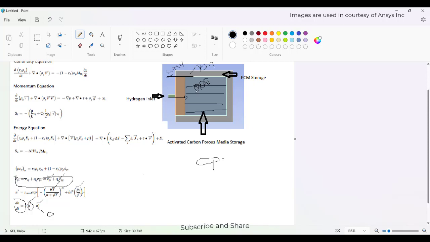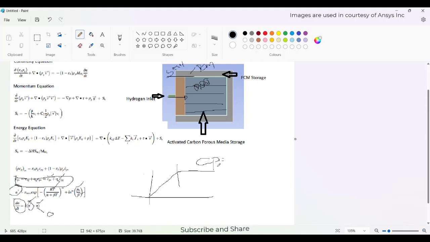Now once the hydrogen enters here, the temperature of the hydrogen increases due to the accumulation, and the pressure also increases. When the temperature and pressure increase, the amount of hydrogen adsorbed onto the carbon also increases up to a certain extent. That is called the adsorption isotherm. It will be in this way: the adsorption increases up to this point, and after that it remains constant.